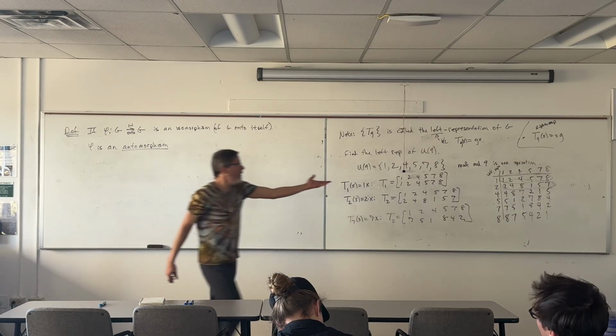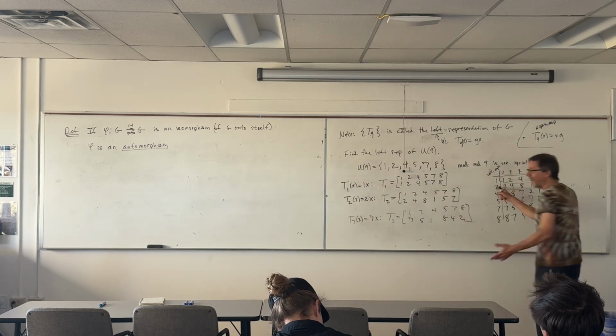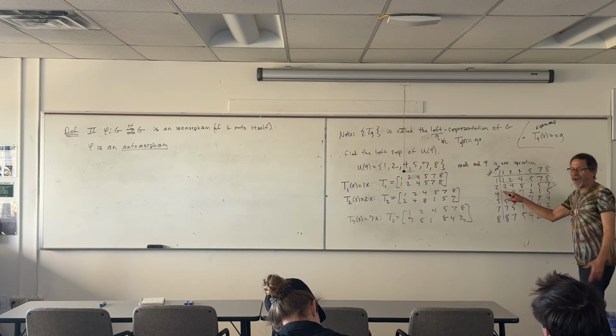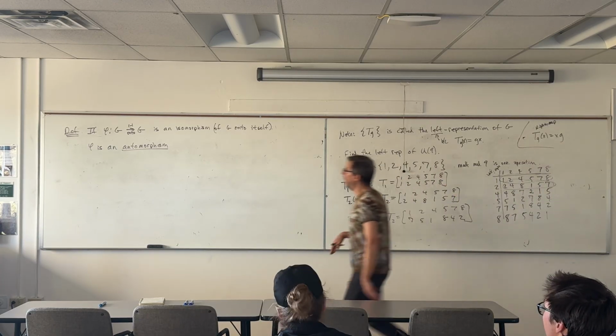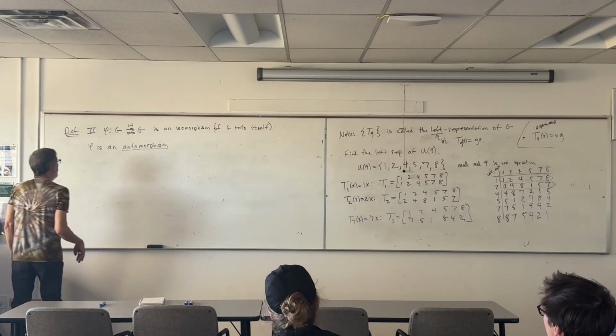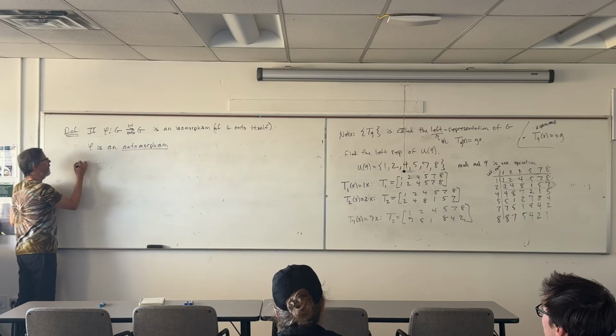In the way that these are, in some ways, right? Multiplying by 2 just takes me back to the group. It's just rearranging things, but it takes me back. Then we got one more.